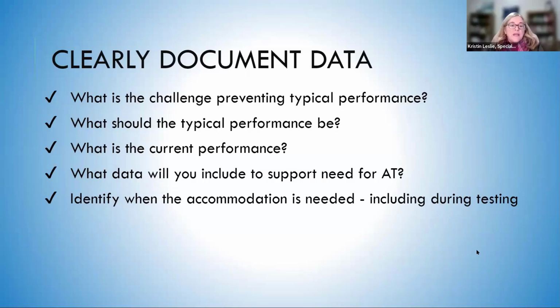So we take some data showing that when we implement text-to-speech, the student can comprehend maybe at the 4th or 5th grade level. That data helps us make an informed decision at the IEP team meeting that the student requires assistive technology in the form of text-to-speech.